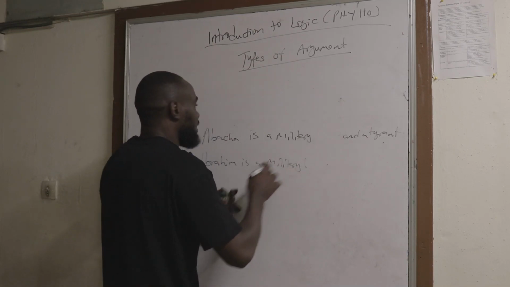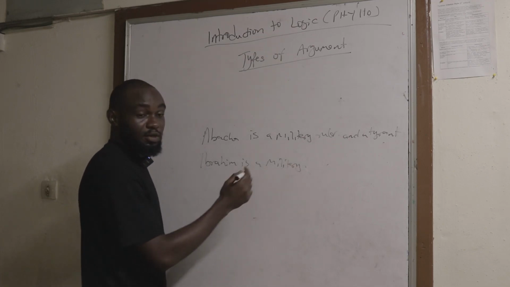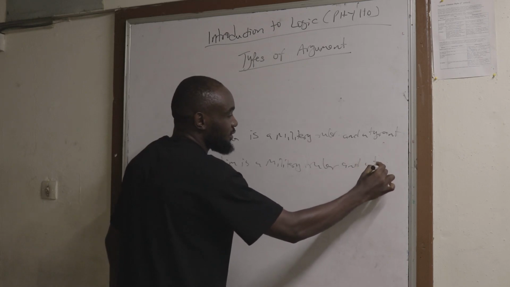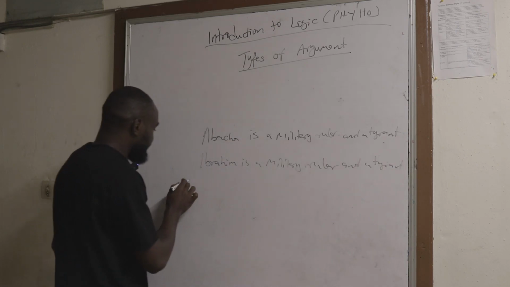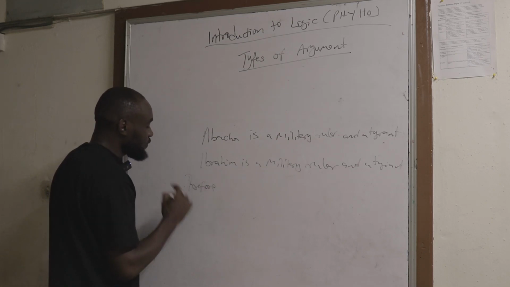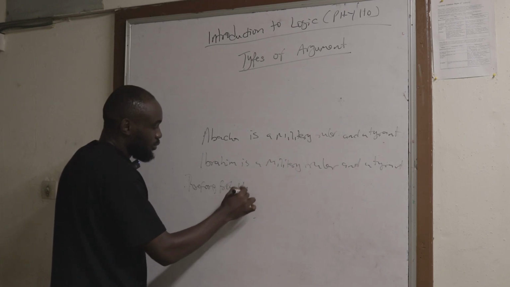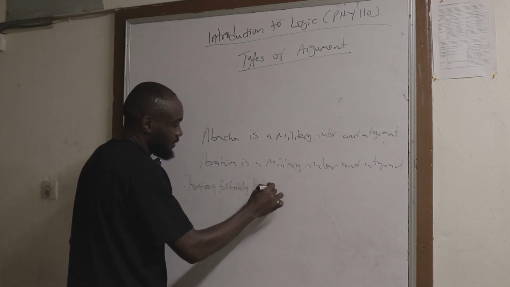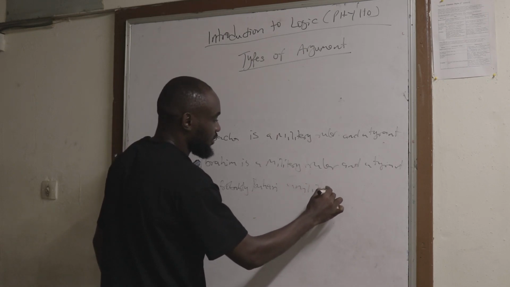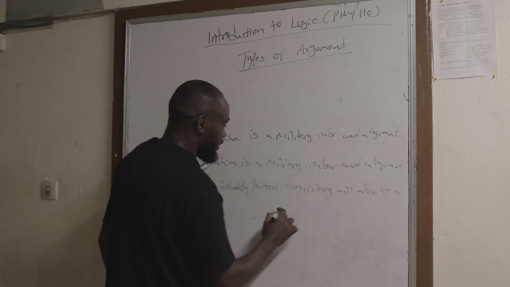Let's say Abacha is a military ruler and a tyrant, and then Ibrahim is a military ruler and what? A tyrant. Therefore, probably Buhari, a military leader, will also be a tyrant.